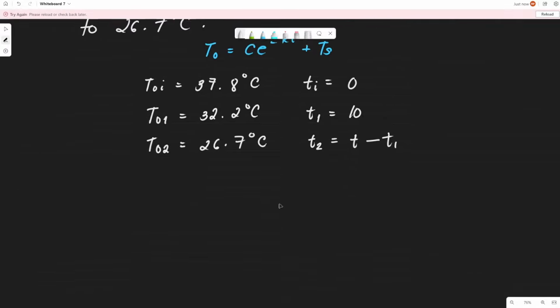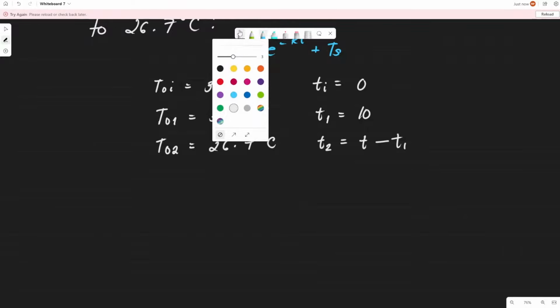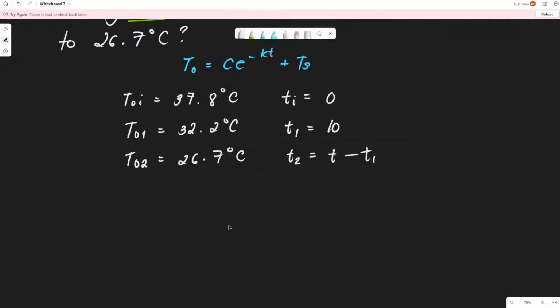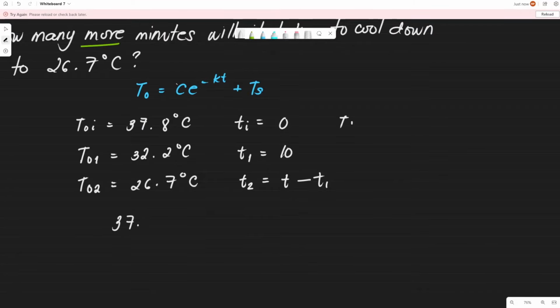Okay, so let's try to solve. We have here our working formula. We just need to first find what's the value of C, kasi yun yung usually una nating hinahanap kasi hindi naman yun usually given. So we have 37.8. By the way, I forgot what's the value of TS. That is 15.6, hindi naman nagbabago yung surrounding.